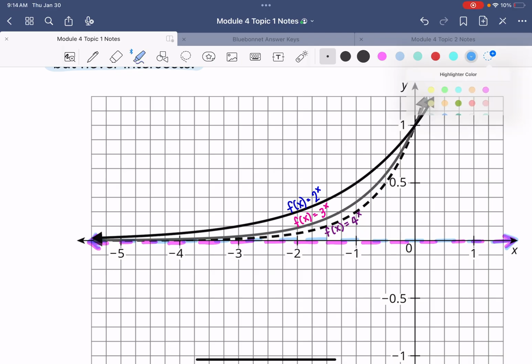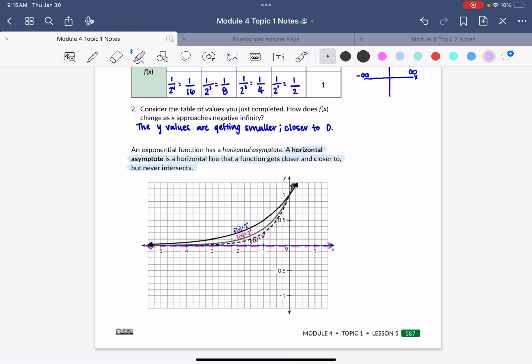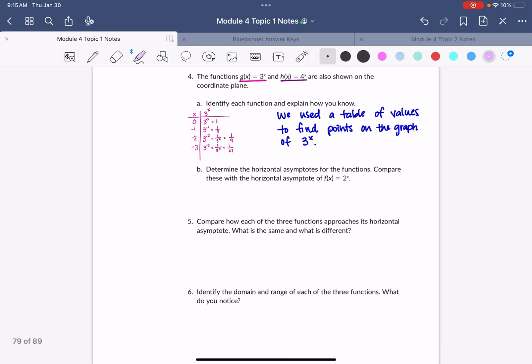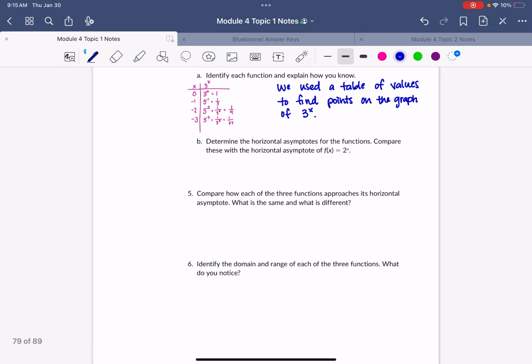And then let's make another one purple. This is also my horizontal asymptote for my 4 to the x power. Okay, so they're all the same. I know this because, again, my graphs all kind of flatten out at the same section.